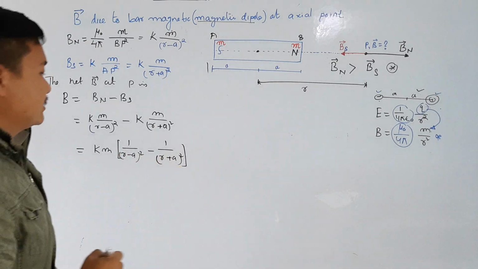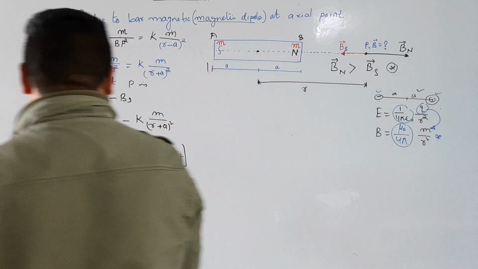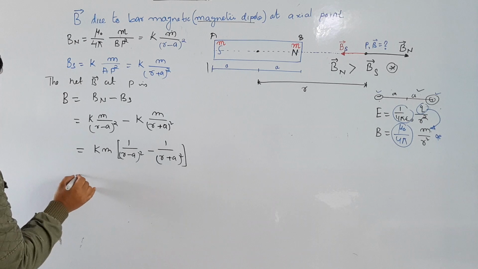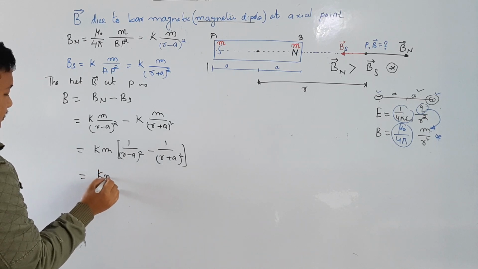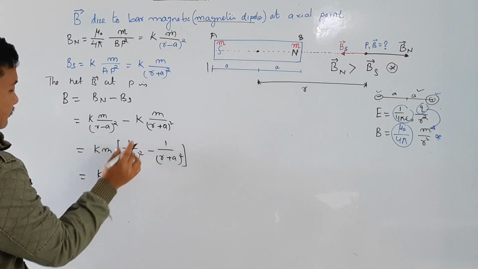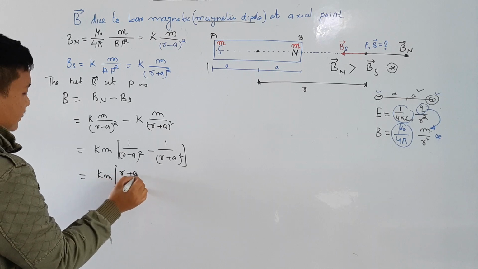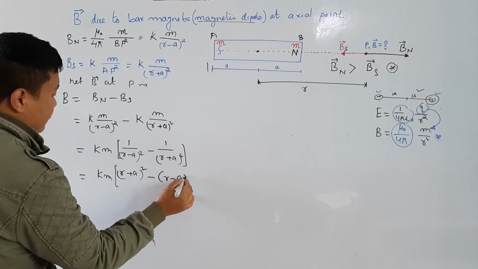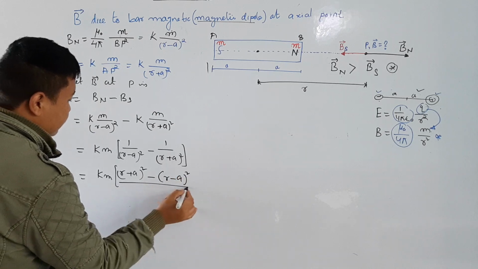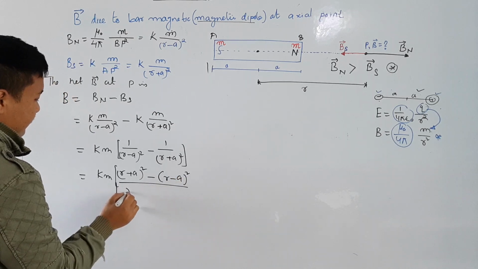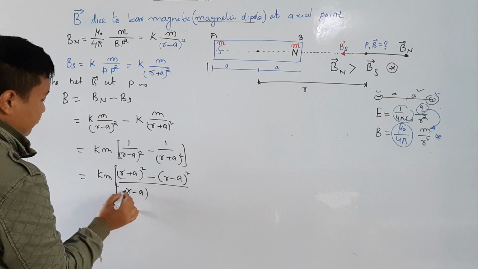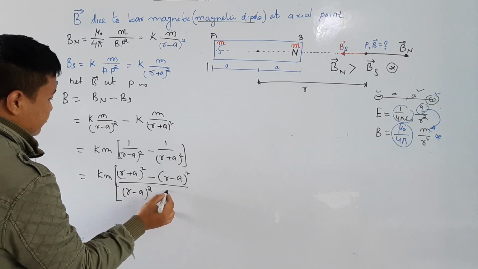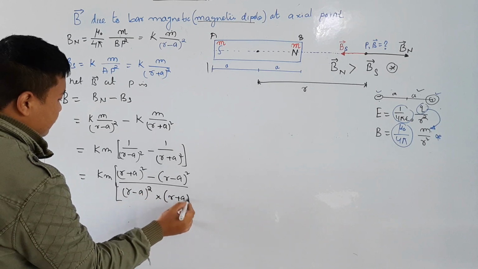Okay, let us solve this now. This k and m are common, so if I solve this, I get (r plus a) whole square minus (r minus a) whole square, whole divided by (r minus a) whole square into (r plus a) whole square.